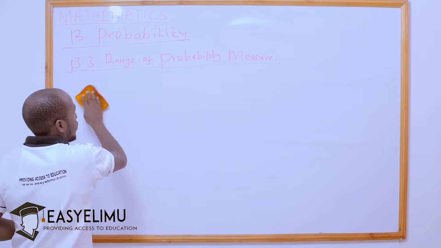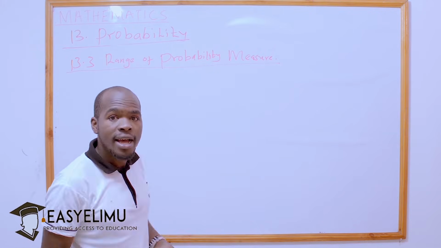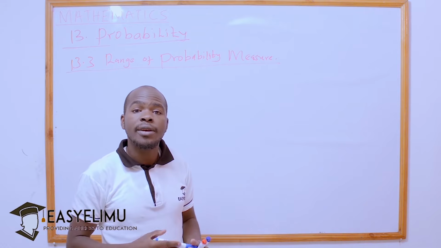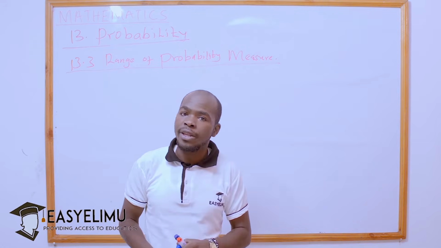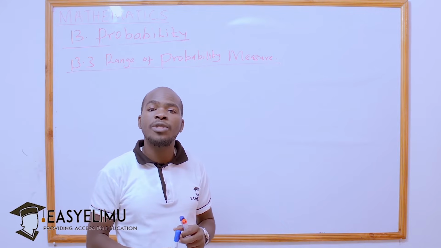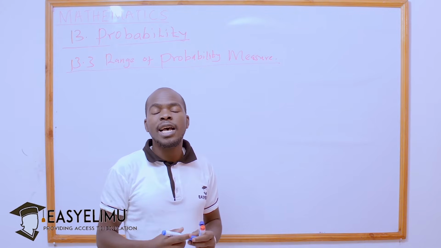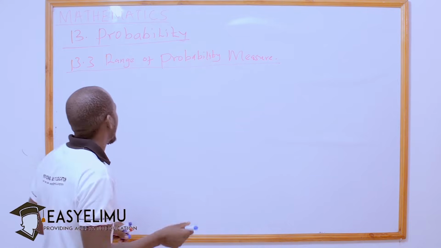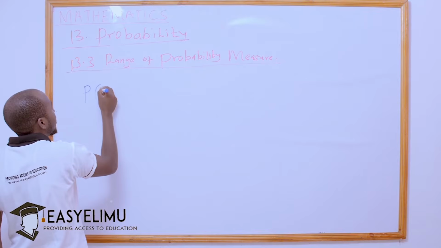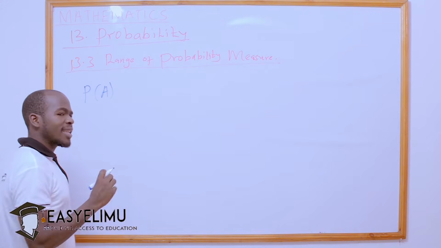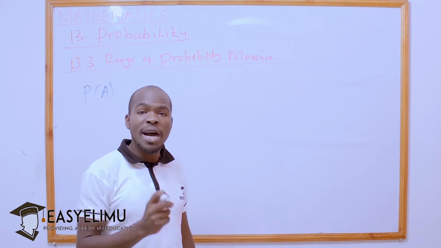And another one is that you will find some of the events are just certain to happen, in that it is impossible for them not to happen. Such events have a probability of, let's say for example, event A, we are just certain that event A must happen.